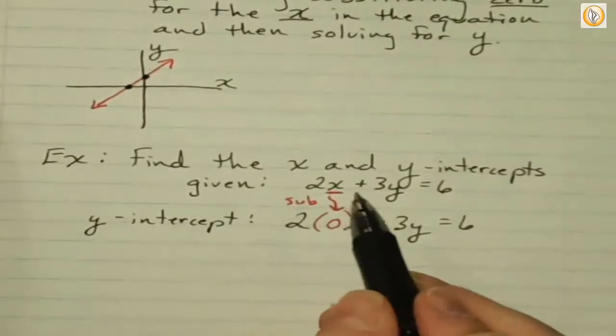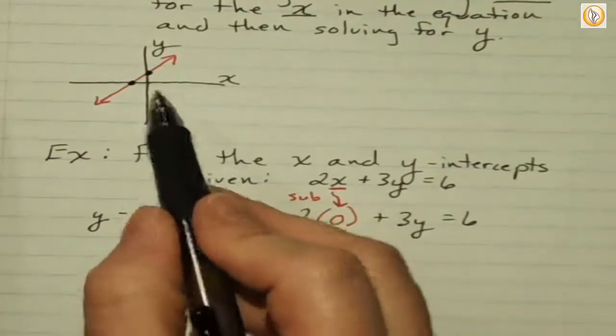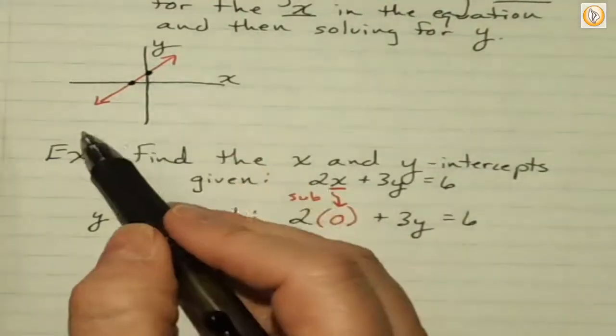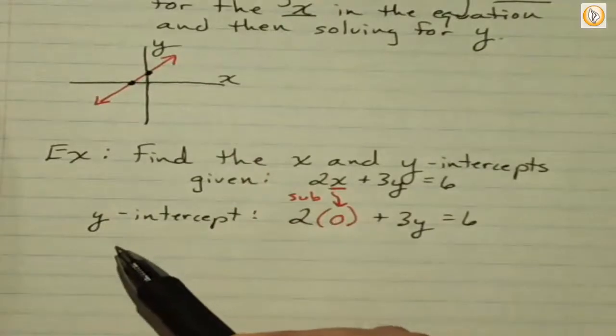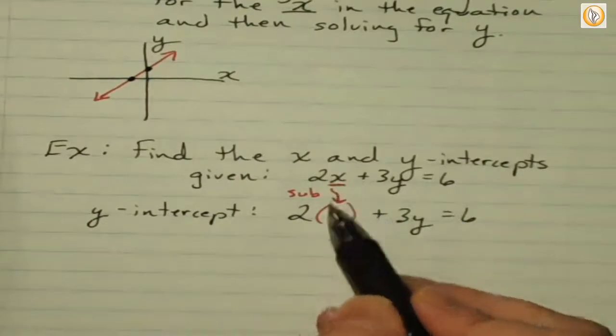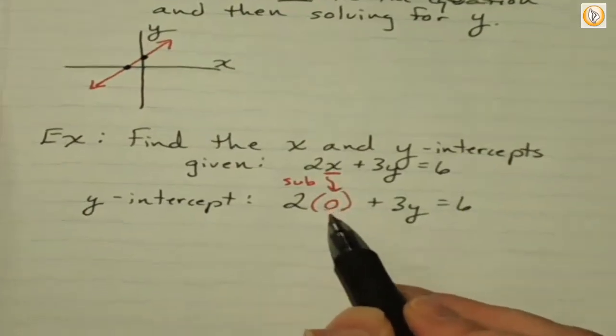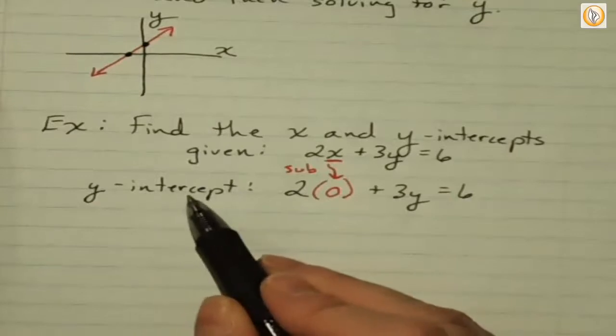So here's the equation, and they're saying find the x and y intercepts. Once you find those intercepts, then you can just connect the dots, and there's your graph. There's your line. I'm going to substitute that x with 0 to find the y-intercept.